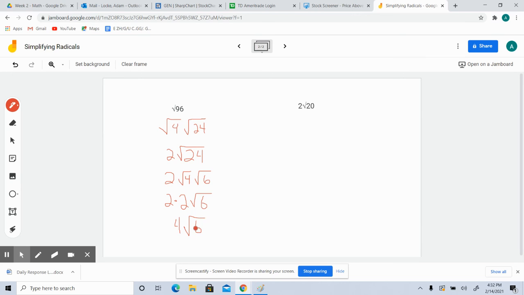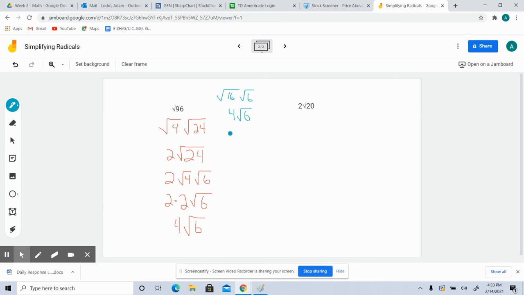The reason that happened, and I had to pull out a perfect square twice, is because the largest factor of 96 that is a perfect square is actually 16. If I would have broken this down into square root of 16 times the square root of 6, I could have said square root of 16 is 4 times the square root of 6.